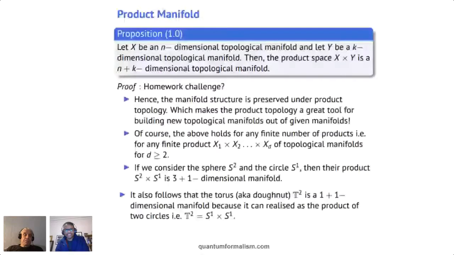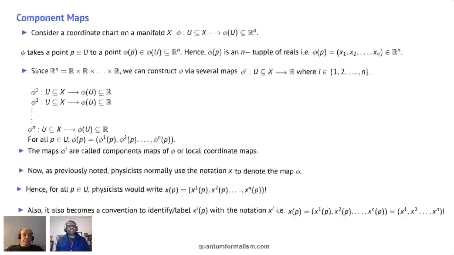Okay, so another thing, this is more of a notational awareness, because you will see this a lot in physics, in differential geometry books that are tailored to physicists. So suppose we have this chart. You know what a chart is, right?